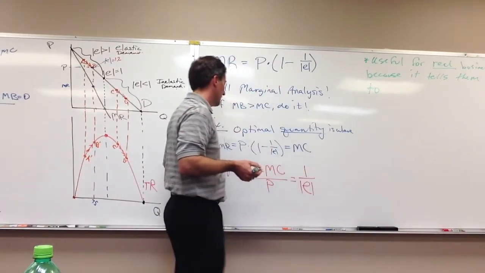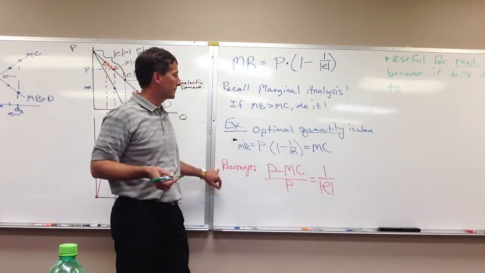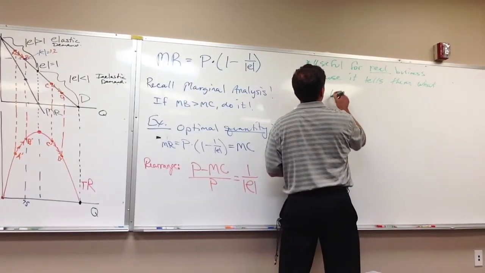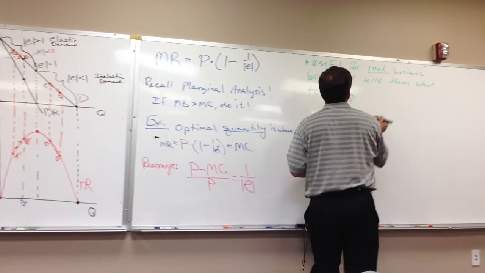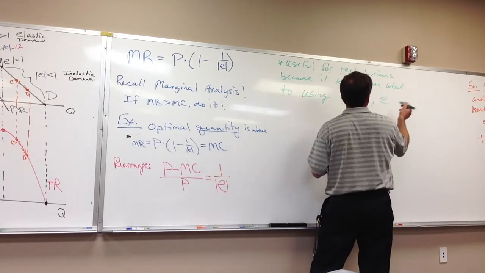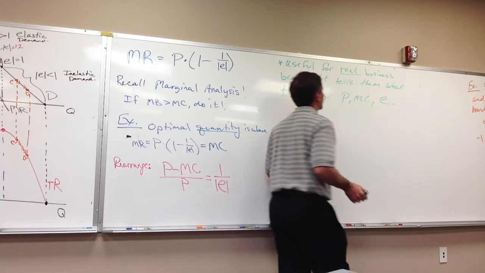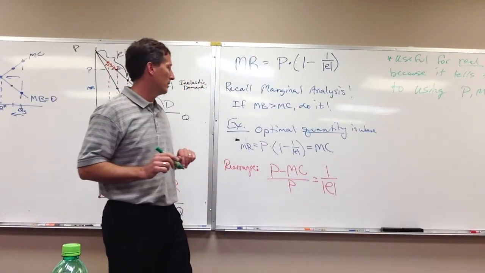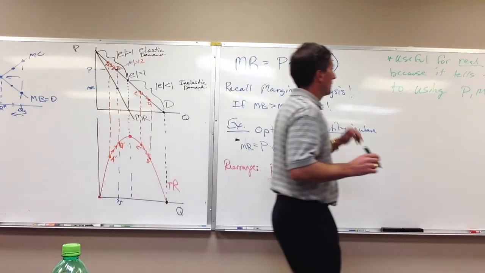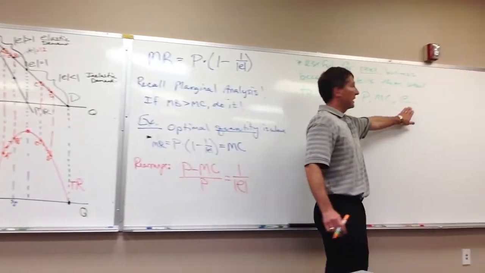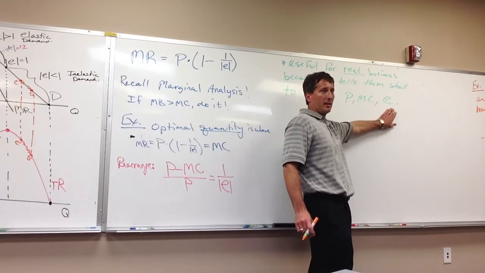Or at least what the efficient thing to do is. It tells them what to do using price, marginal cost, and the elasticity. Now they do have to know the elasticity, or at least have an idea on what that number is.